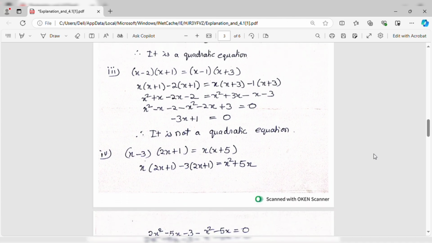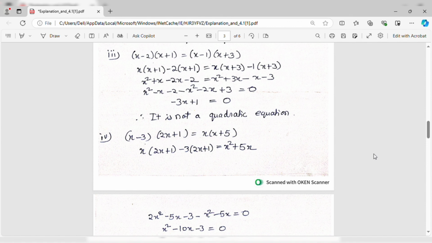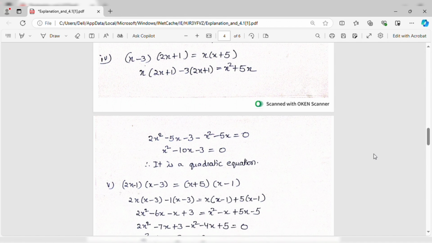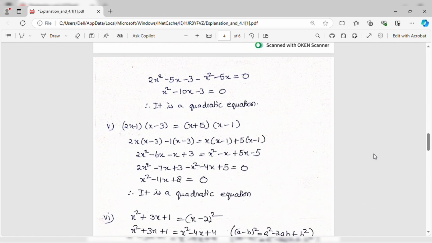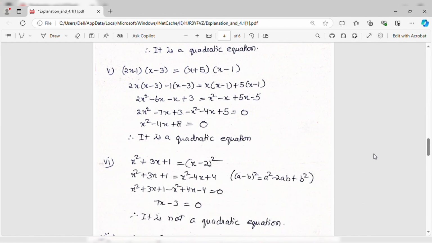In the third part, we will solve by multiplying binomials and we will get minus 3x plus 1 equals 0. It is not a quadratic equation. Fourth part, again we will get a quadratic equation. In fifth part, also after solving this, we will get a quadratic equation.